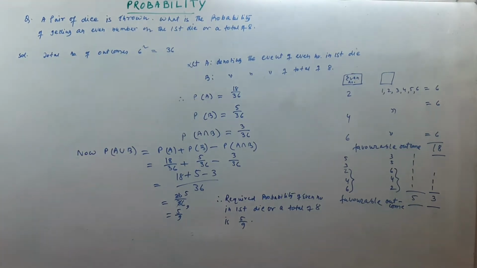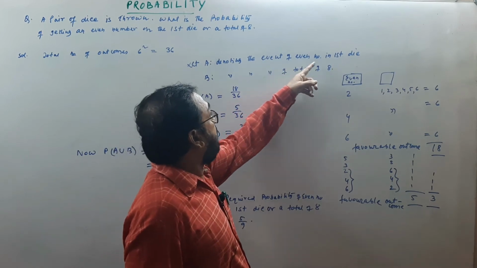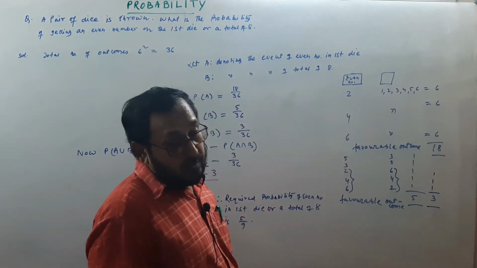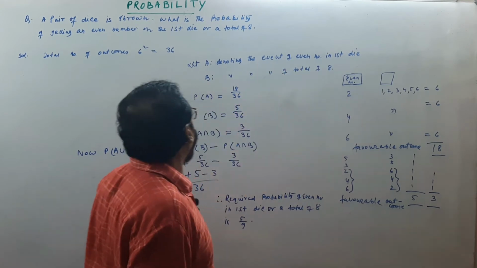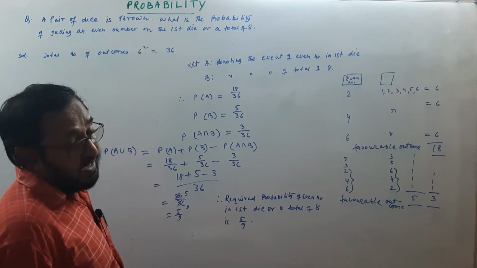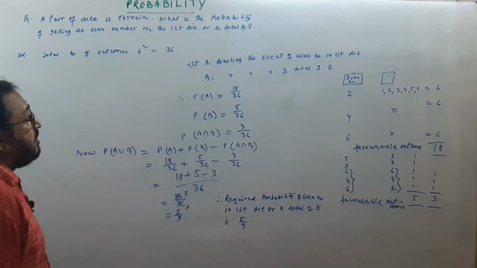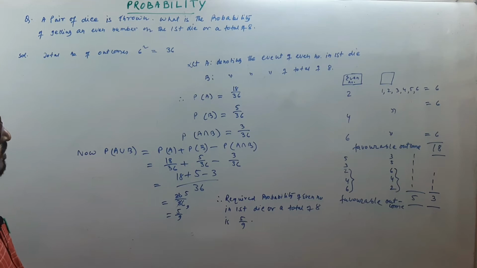Let A denote the event of an even number on the first die, B denote the event of a total of 8. Now first you have to find PA, that is the probability of occurrence of event A, and also the probability of occurrence of event B, that is PB.